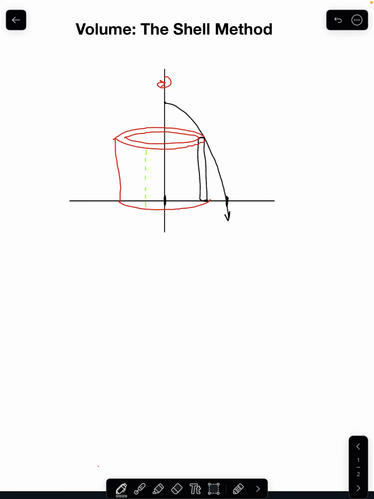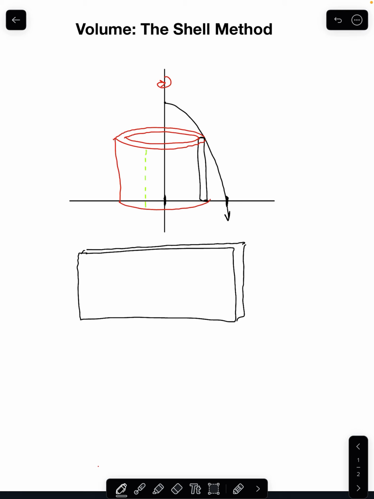Once it is cut, we can unroll it and lay it flat. And when we do so, it becomes a rectangle. Technically speaking, it becomes a rectangular prism, a very flat rectangular prism.